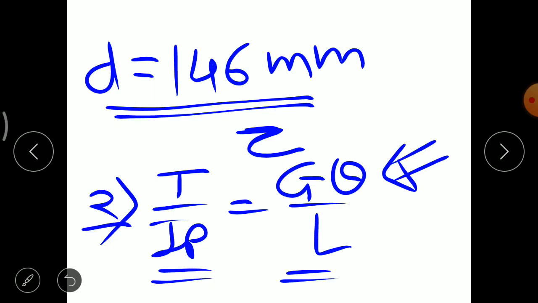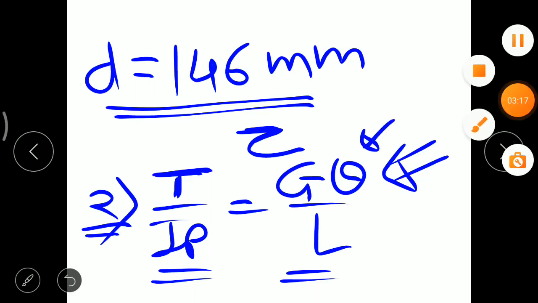Now the second case is the diameter of shaft on the basis of rigidity. You have to write this equation in your notebook and put all the necessary values that we have calculated or that we have in the problem statement. I will put all the values.